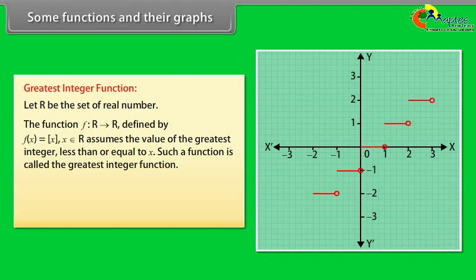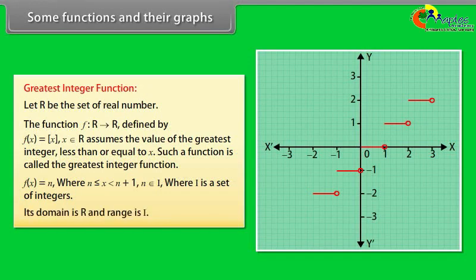Such a function is called the greatest integer function. F of x is equal to n, where n is less than or equal to x is less than n plus 1, n belongs to I, where I is the set of integers. Its domain is R and range is I.